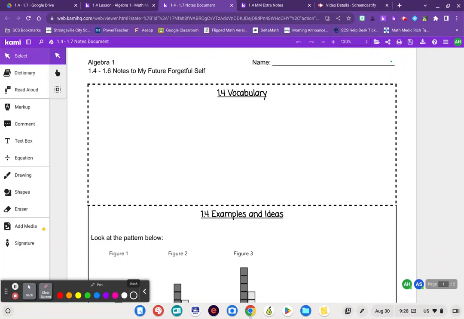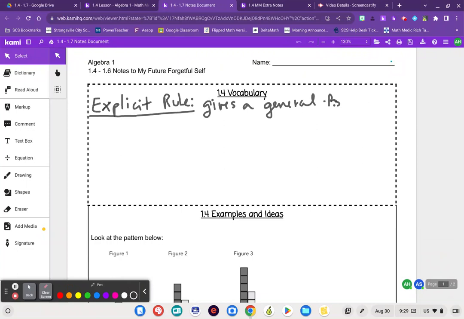So we have one vocabulary word for 1.4, and it is an explicit rule. An explicit rule is a general formula that gives a general rule for a pattern.